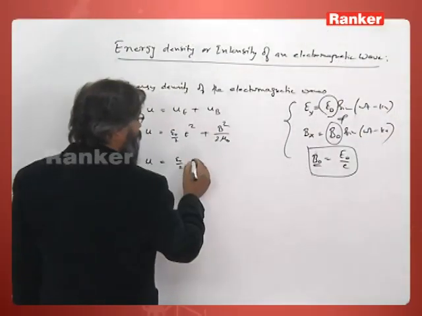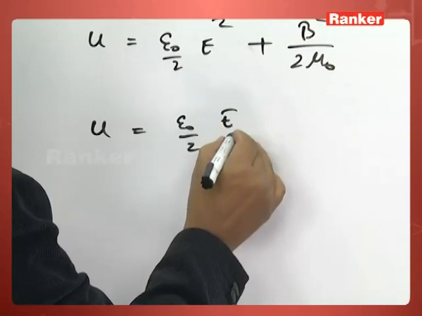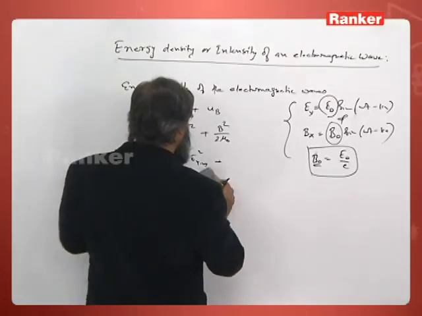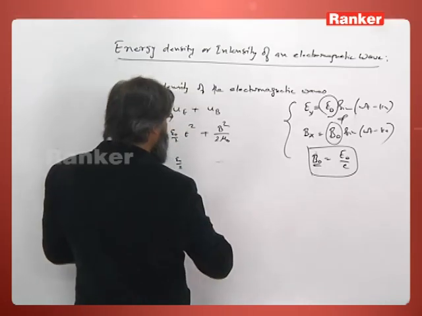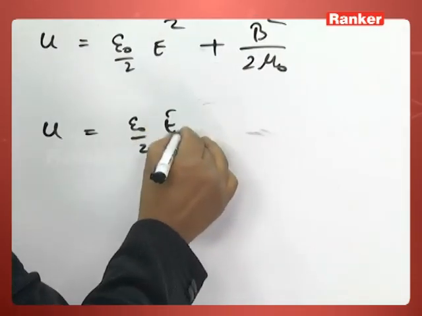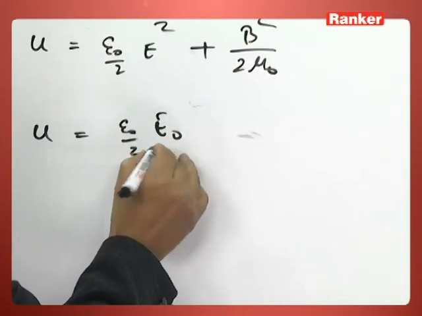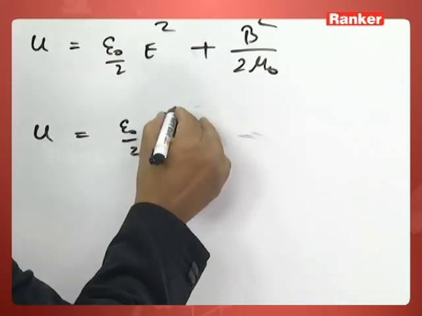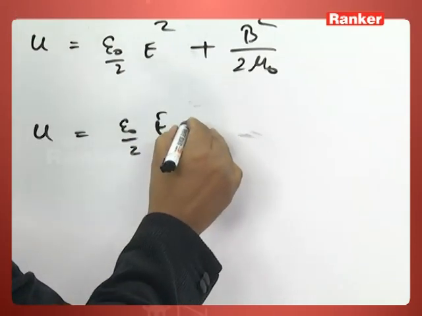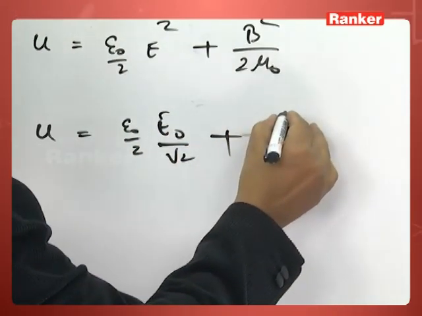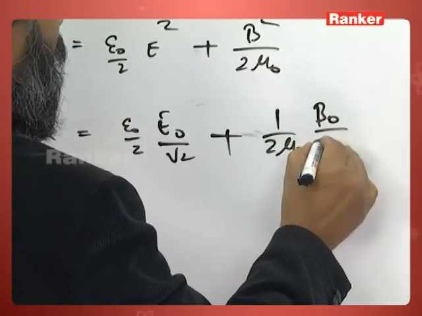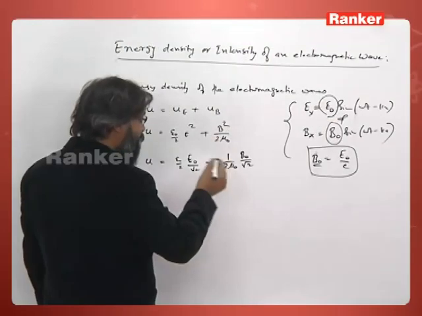ERMS will be equal to E naught by root 2, and similarly BRMS is B naught by root 2.